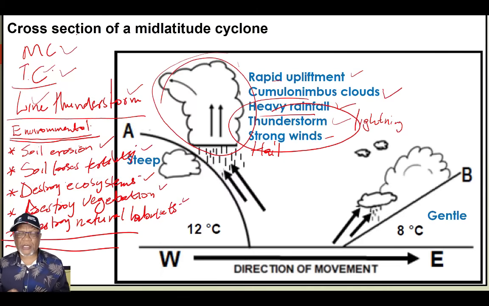the question says you must give the impacts of weather. You must give the impacts of either tropical cyclone, because I don't know what you are going to be assessed on. Is it going to be tropical cyclone, or line thunderstorm, or mid-latitude cyclone? So long as the question wants you to say the impacts on the natural environment, you must know it is soil erosion.